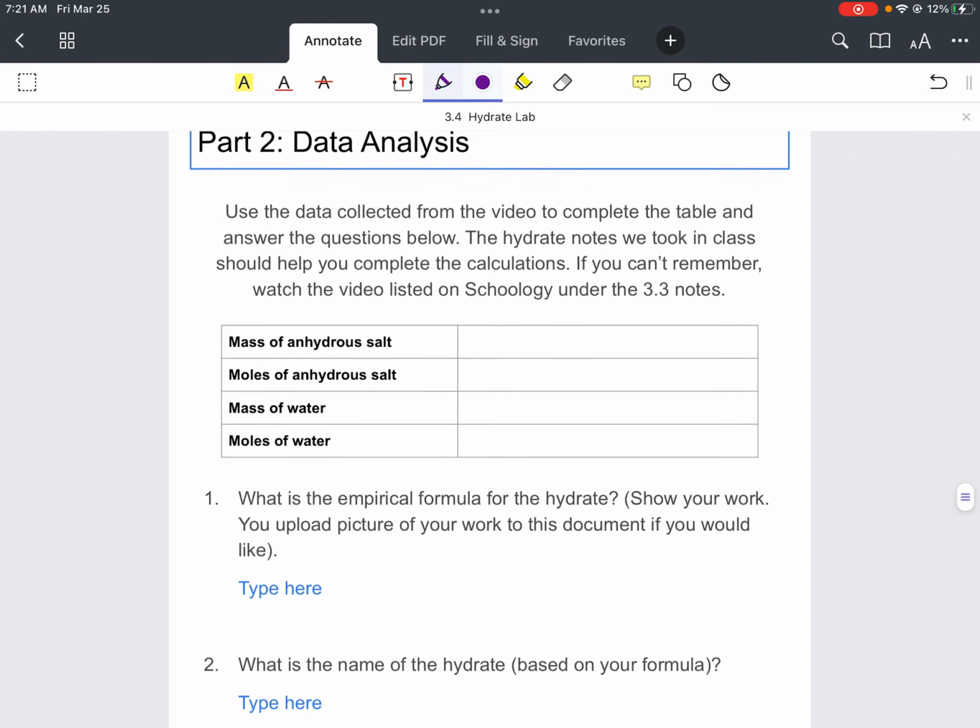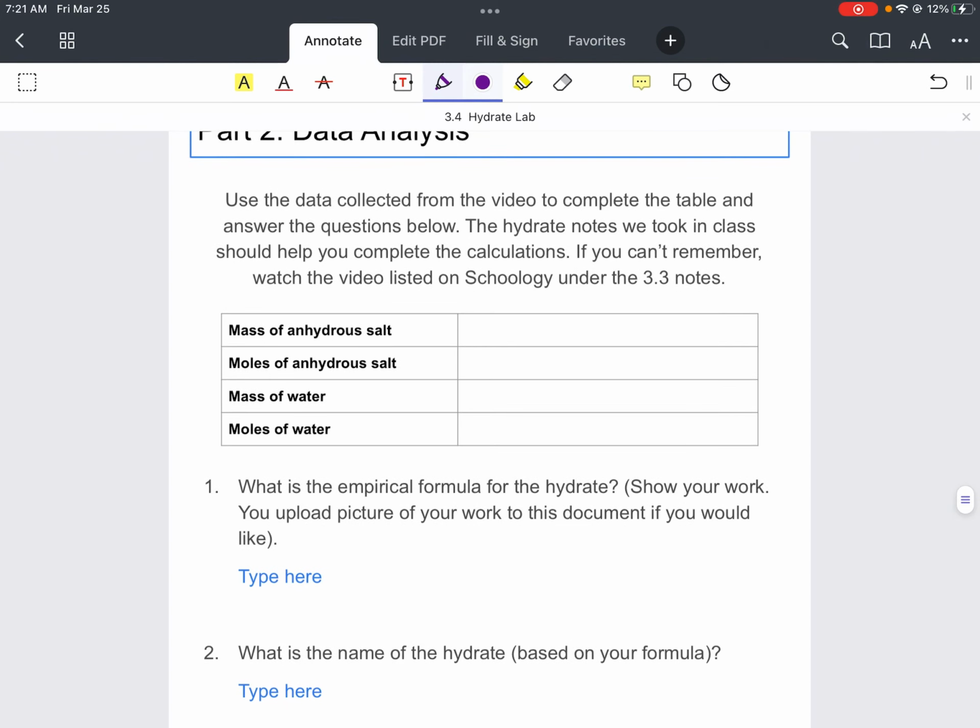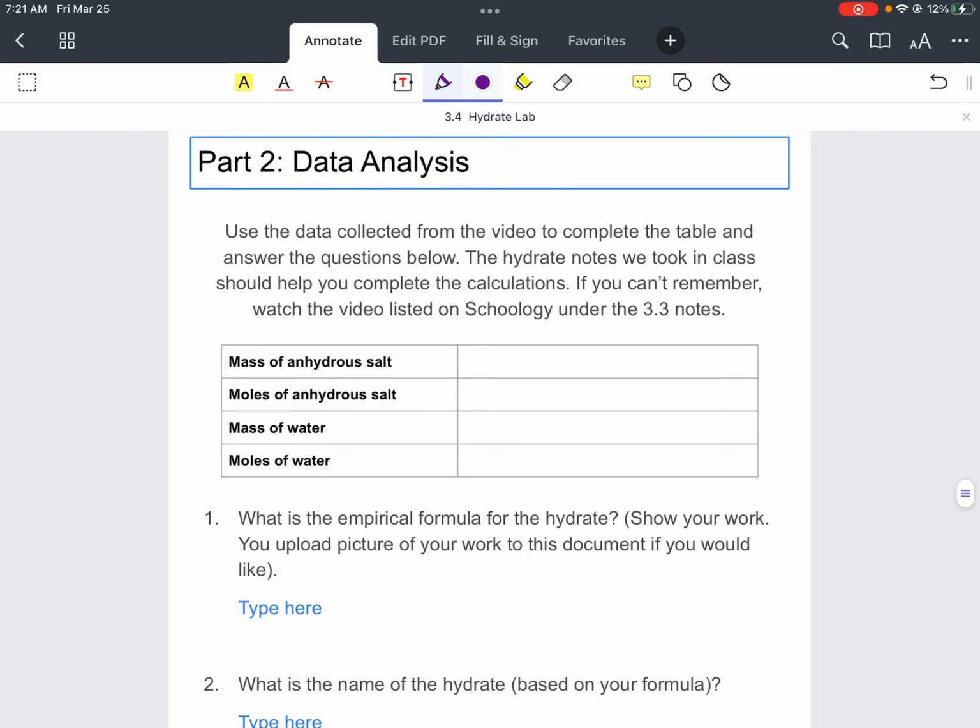Once you've collected your data, now you need to do a couple of other little calculations. You want to find the mass of the anhydrous salt. So remember, we start with our hydrate, and then we add heat, and then we're left with just the anhydrous salt plus that water that was evaporated. What we want to figure out now is the mass of this anhydrous salt.